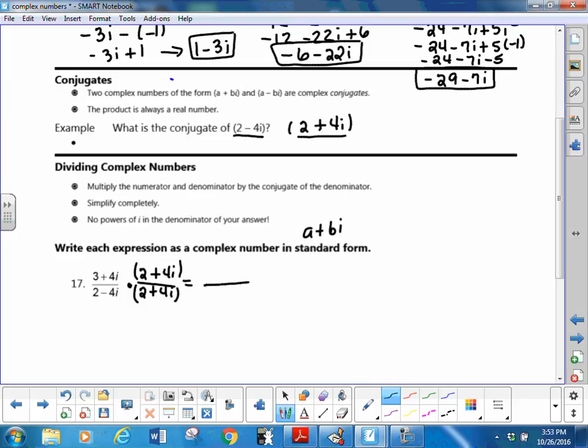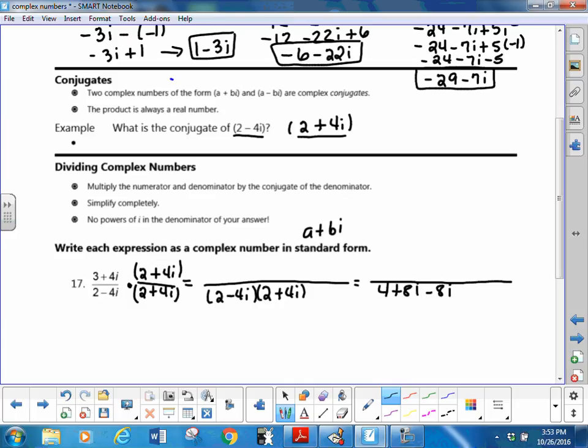So what happens when I multiply 2 minus 4I by 2 plus 4I? Well, I'm going to have to distribute to find out. 2 times 2 is 4. 2 times 4I is 8I. Negative 4I times 2 is negative 8I.